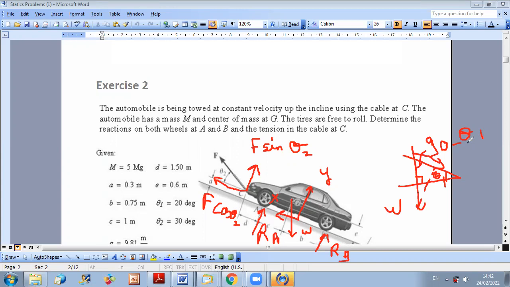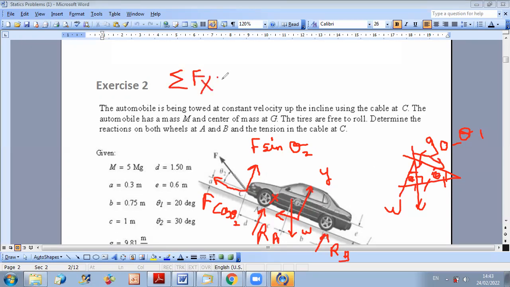And finally, the component along Y is a negative component, and since the angle here is theta 1, the projection of W is minus W cosine theta 1.